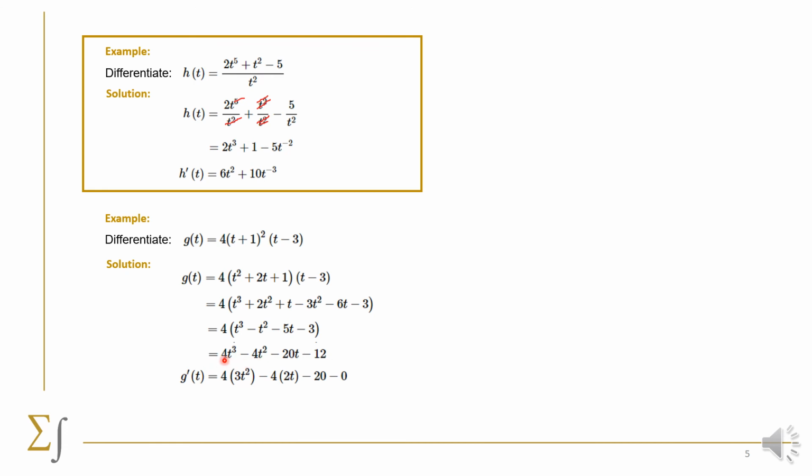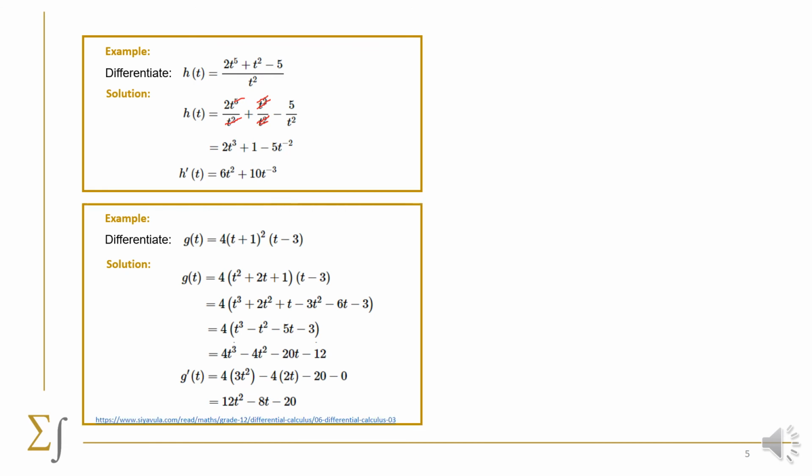The derivative of t cubed is 3t squared. The derivative of t squared is 2t. The derivative of t is 1, and the derivative of the constant is 0. So here we will have 4 times 3, which is 12t squared, minus 4 times 2, which is 8t, minus 20, and this will be the derivative we are looking for.